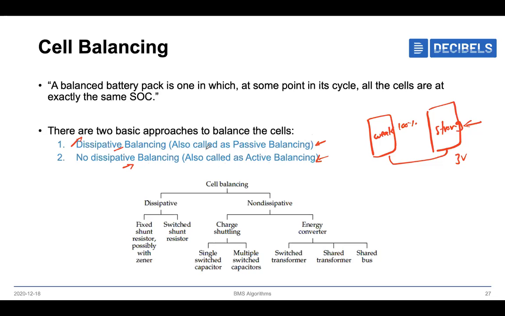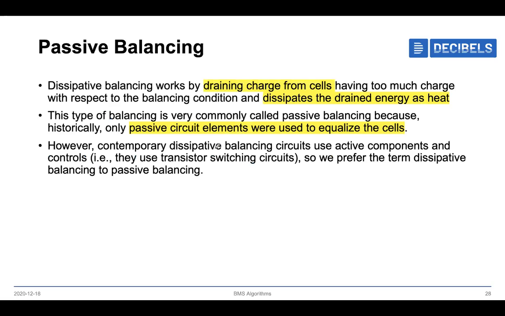What exactly happens in dissipative, or passive, balancing is that the weak cell will try to drain its charge, because it is reaching a higher state of charge in a shorter period of time. So we drain the charge from the cell as waste, in terms of heat energy or something like that.